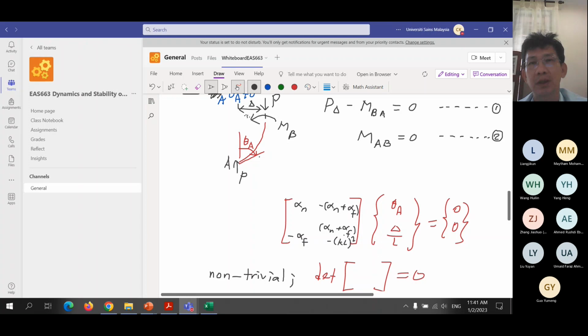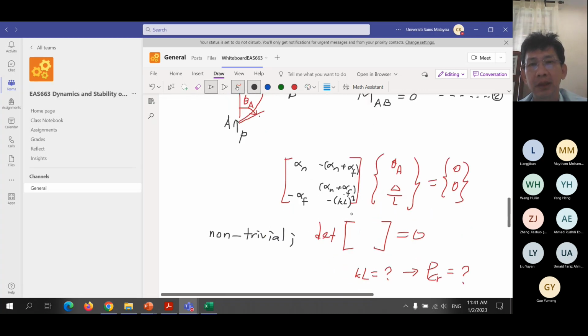We have to substitute MBA and MAB in terms of theta A and also delta over L. Then remember what we have gone through in the previous example. We want to factor out the EI over L. That is the first step. And then we want to also make the delta over L appear in these equations. By doing that, and rewriting them in matrix form, this is what you are going to get.